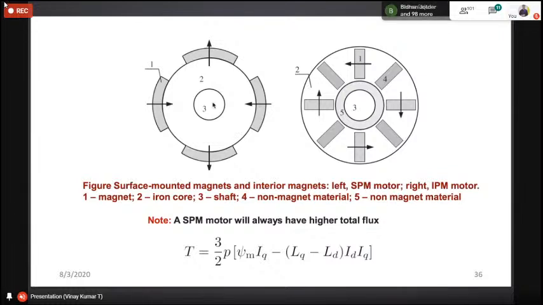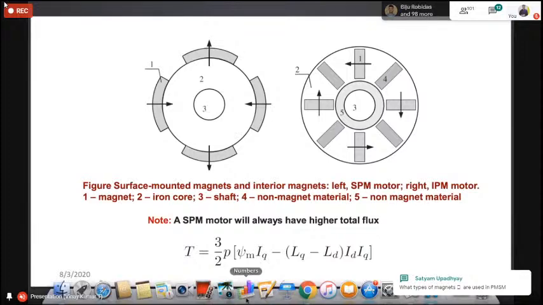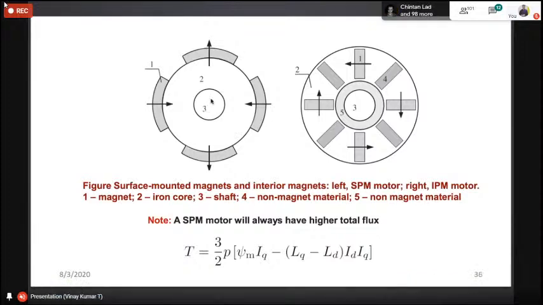Then come to here. Take this point as a reference. With respect to this reference point, draw two lines. One is in phase with the pole axis, another one is the interpole axis.